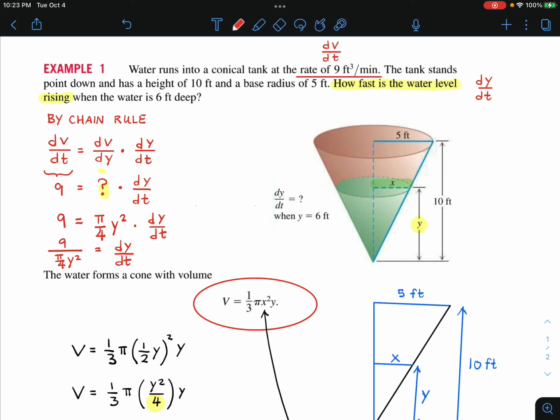In particular, remember that we are interested in the moment when the water is 6 feet deep. So I will have to replace the y by 6 feet in this case.